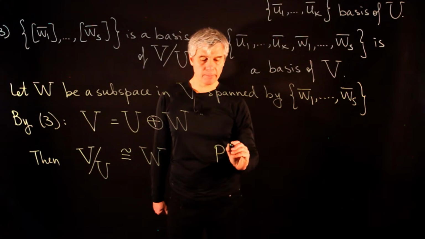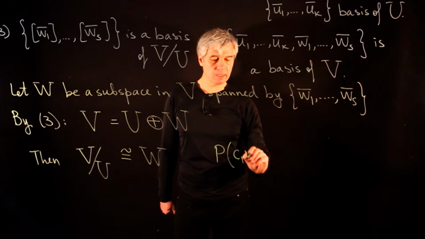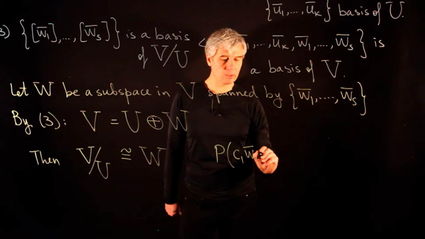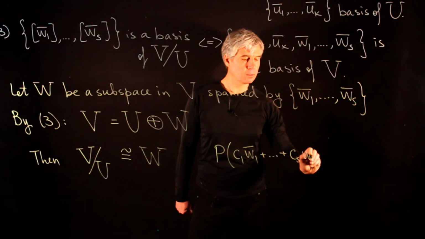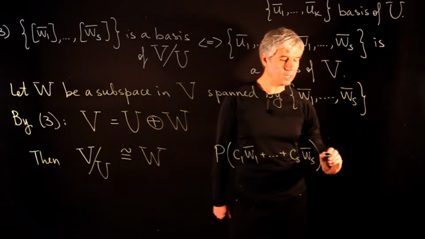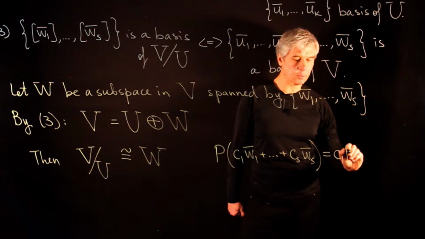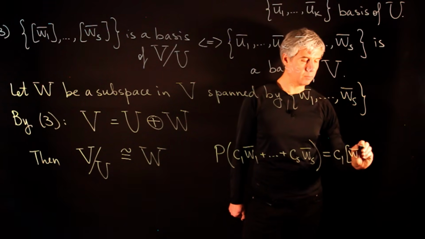So we have a map P that sends a linear combination of basis vectors W1 through WS to the linear combination of the corresponding equivalence classes.